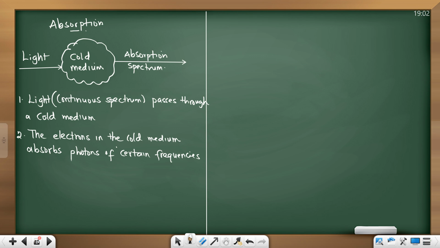If you marry somebody who likes fighting and you want peace, no, you absorb the anger of the person, you absorb everything. You can't say leave your anger by the door. I come with my anger. So the electrons in the cold medium absorb photons of certain frequency. And what happens? The electrons gain energy from the photons.